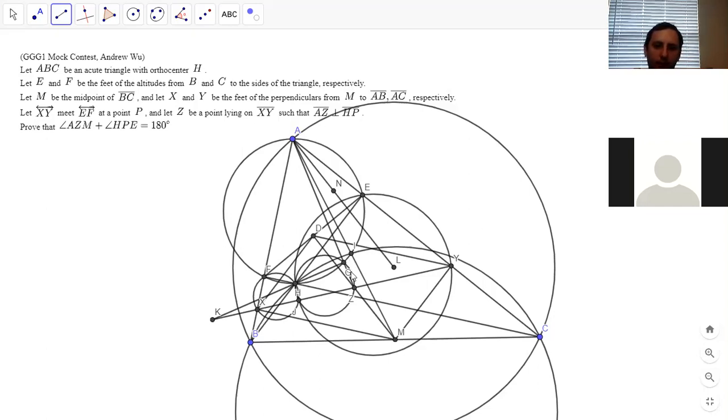It's like XY's line passing through the midpoints. We have the midpoints of three segments, BF, DM, and CE. So if you draw this point, it's collinear with H and M, and OFE is similar to OXY is similar to OBC.